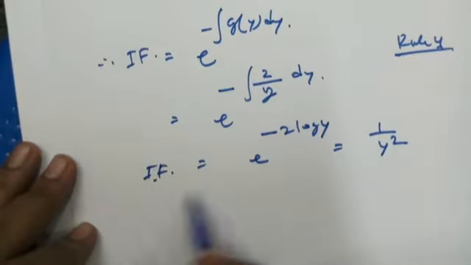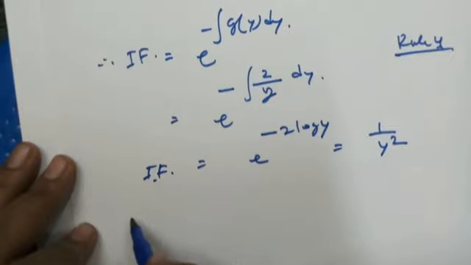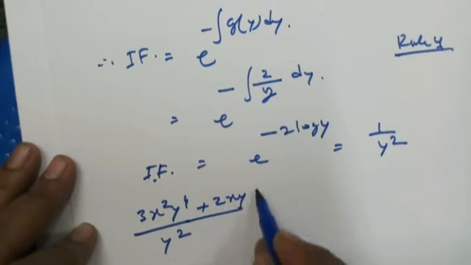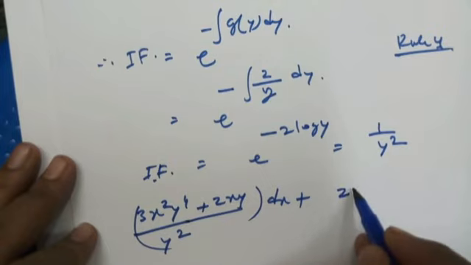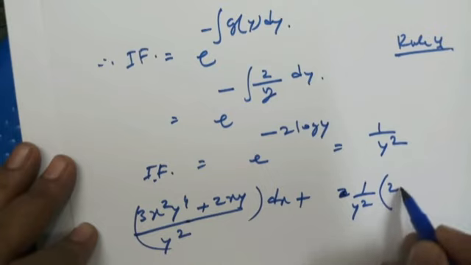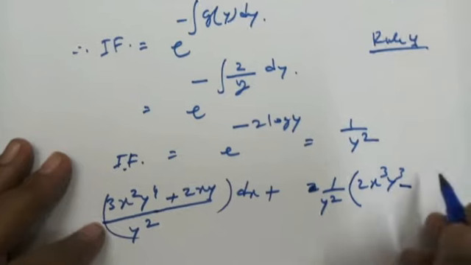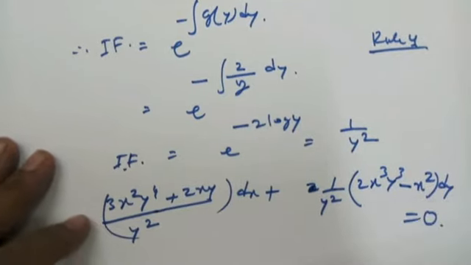Now we multiply this integrating factor 1 by y square with the given differential equation, and we have 3x square y power 4 by y square dx plus 1 upon y square times (2x cube y cube minus x square) dy equals to 0.